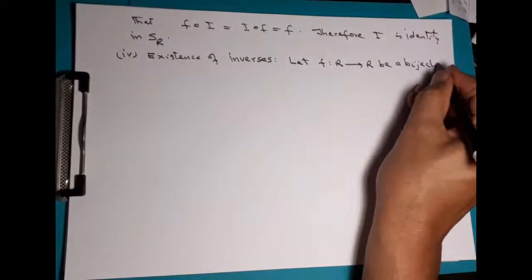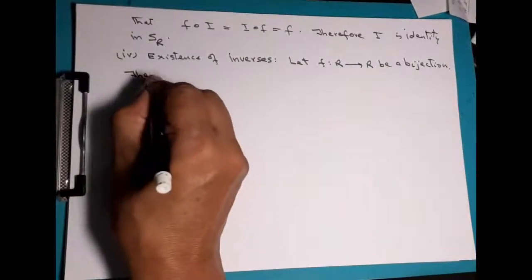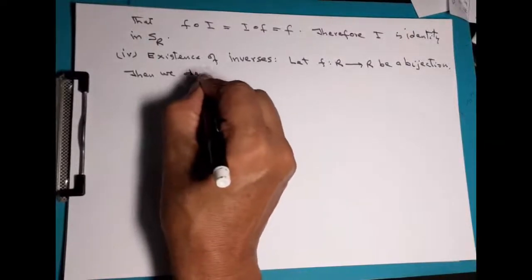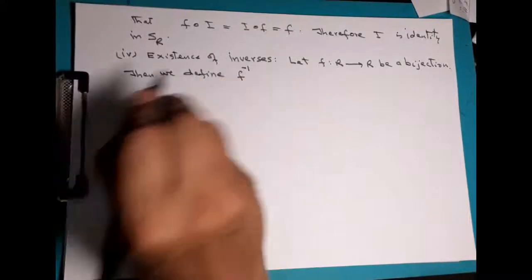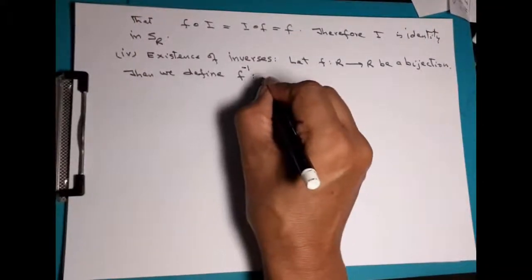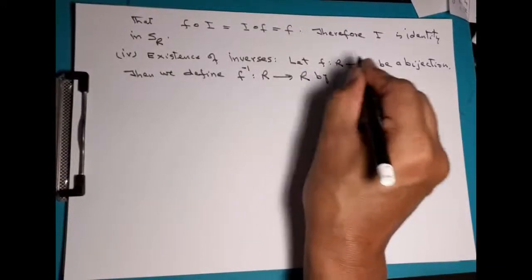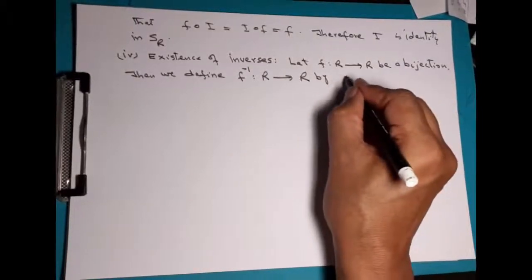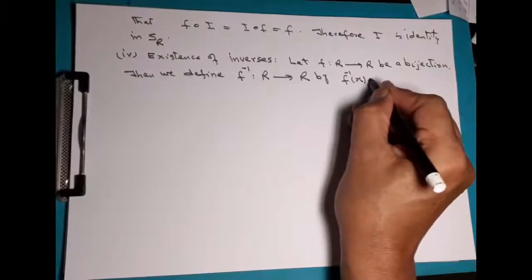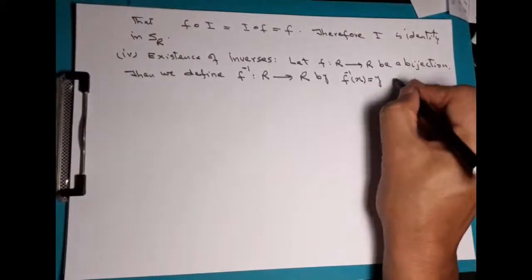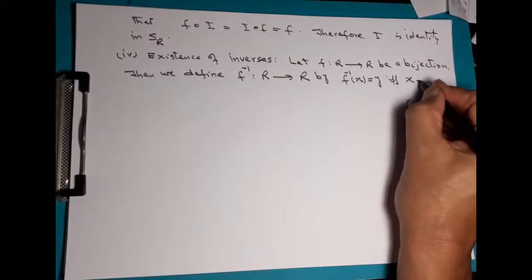Then we define a function, which we denote by f inverse, from R onto R, by saying that f inverse of x will be equal to y if and only if x is equal to f of y.